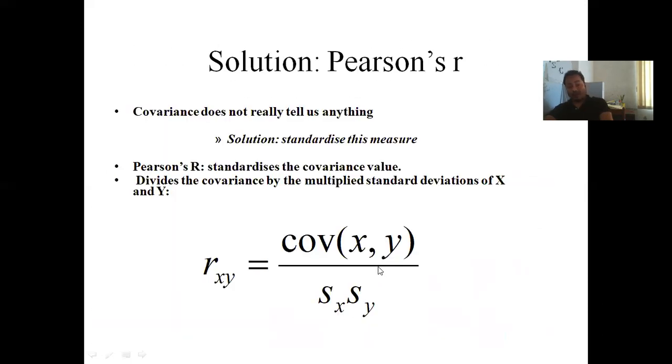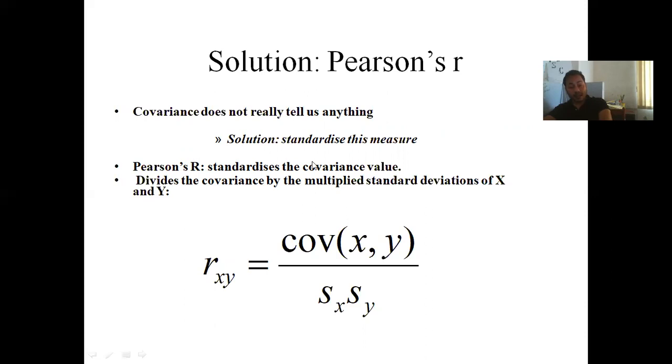Pearson's r. Covariance does not really tell us anything. Why is it saying that? Because there is no standardization with respect to covariance. They are varying together and the value is given to us, but is it actually telling you something specific? No. That's why we depend on Pearson's r.